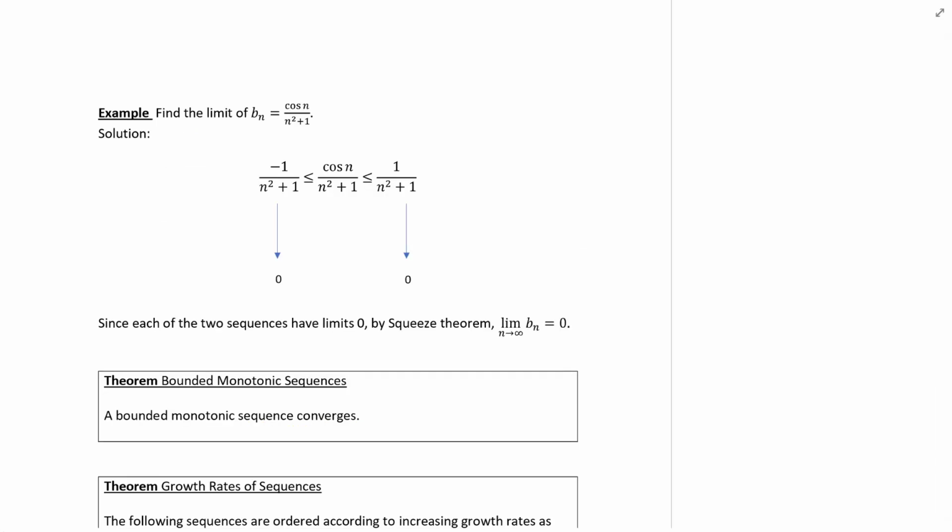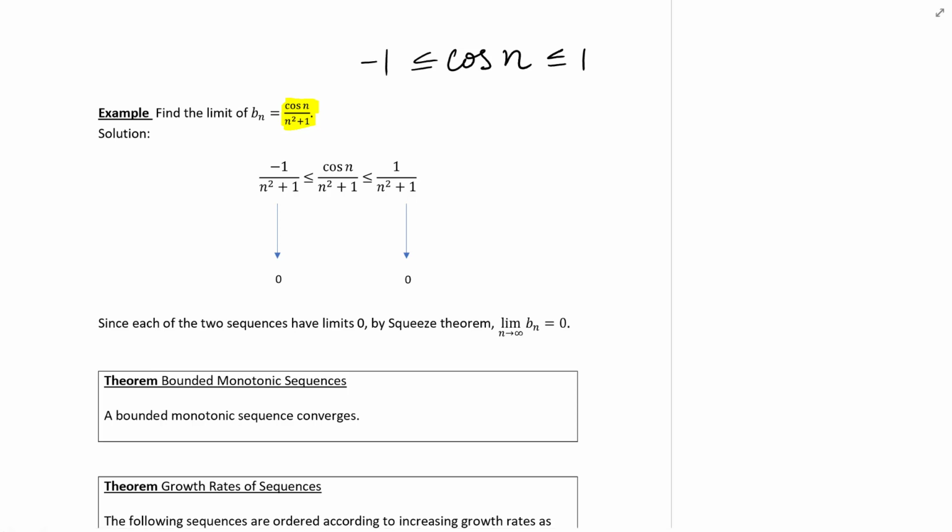So the most popular sequences that use the squeeze theorem are sequences that involve trigonometric functions, because just think about it, cosine of n is less than or equal to 1, greater than or equal to negative 1. So we always can figure out the other sequences.